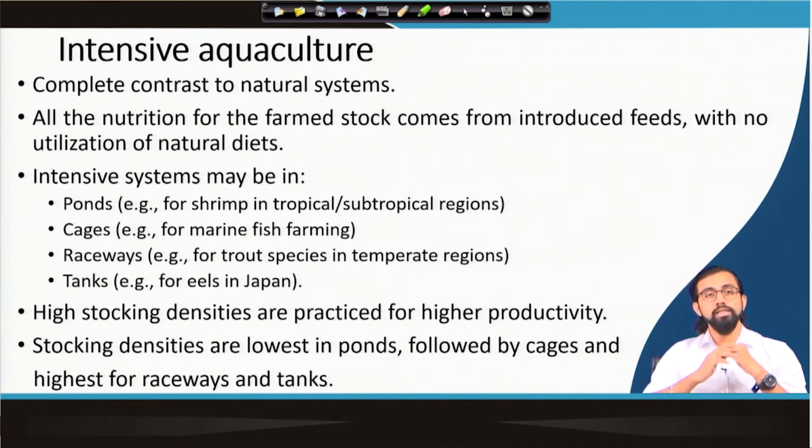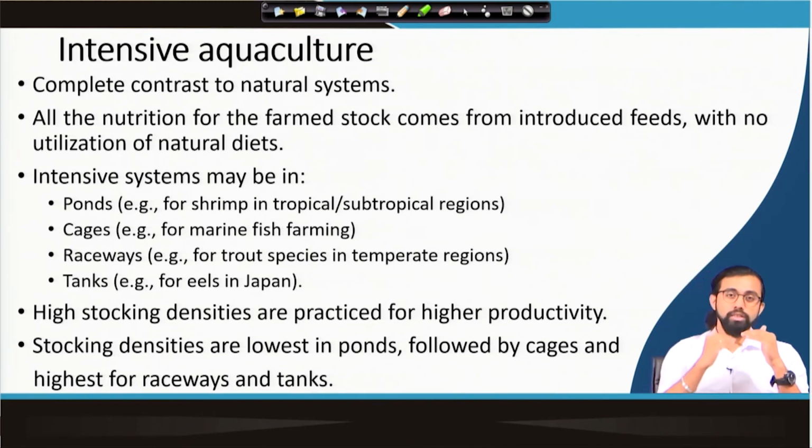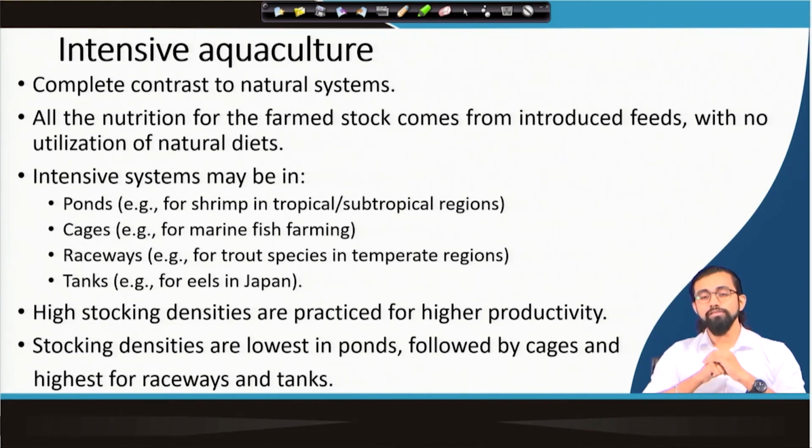In general, if you compare intensive aquaculture in ponds, in cages, or in raceways or tanks, the stocking densities are lowest in ponds, followed by cages, and then highest in raceways and tanks. Because in raceways and tanks we have more flexibility to control the environment, to make an optimal situation for your target species to survive there.